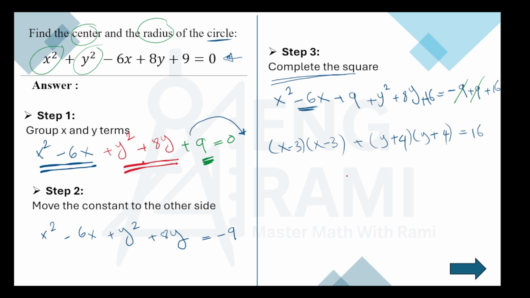Those terms can be written in this way: x minus 3 all squared, plus y plus 4 all squared, from the power rule. Since both bases are the same, we can add the powers, equals 16.